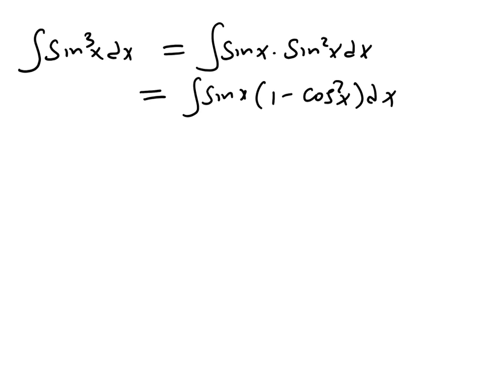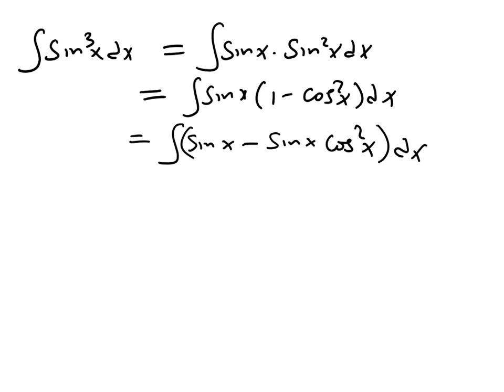So go ahead and expand this to be the integral of sine x minus sine x cos squared x by dx. When you integrate sine, you get negative cosine of x, minus the integral of sine x cos squared x by dx.